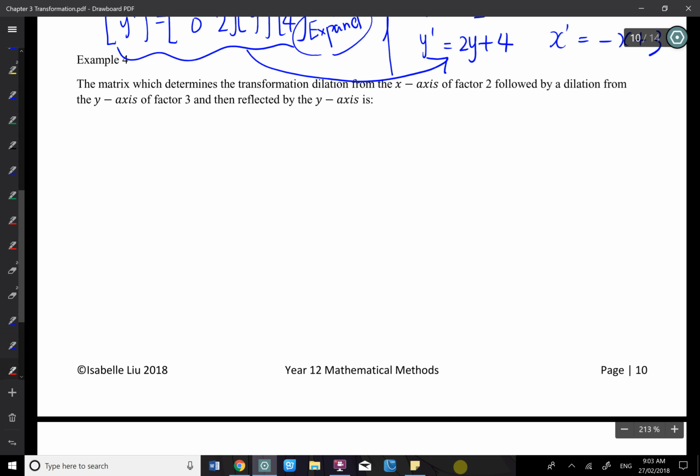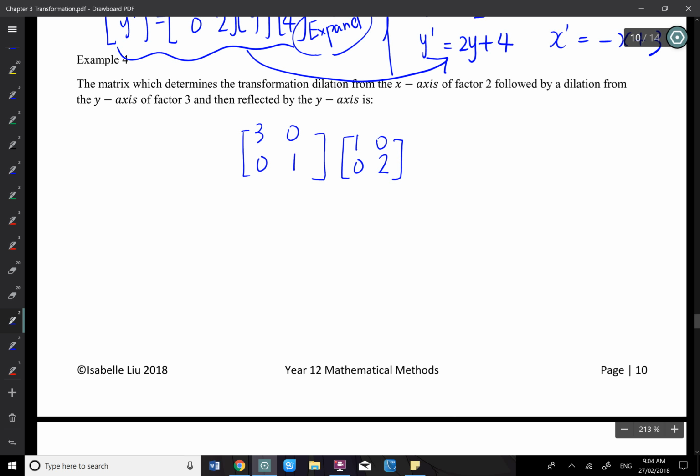So the first thing that happened is from the x-axis, a factor of 2: 1, 0, 0, 2. From the x-axis is changing the y value, so you have 2 at the right corner. Followed by a dilation from the y-axis, which changes the x.